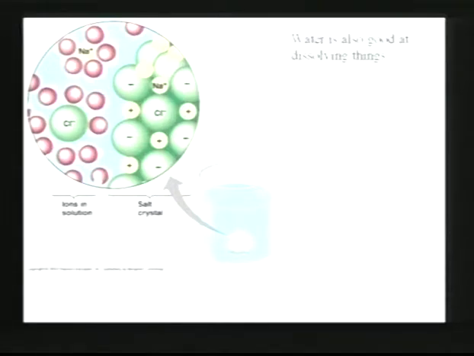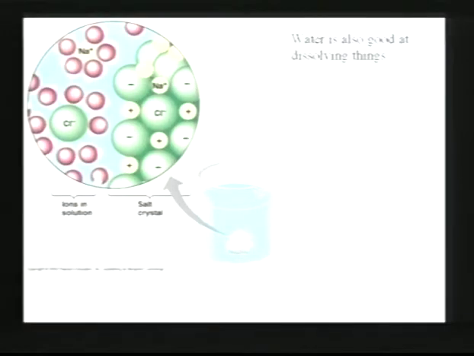Because water is polar and it has slight charges, it's really good at breaking ionic bonds. So if you drop a crystal of salt, sodium chloride, in water, then it's going to break down very, very quickly. The reason is that you get charge interactions between the chlorine ions and the sodium ions in the salt crystal.